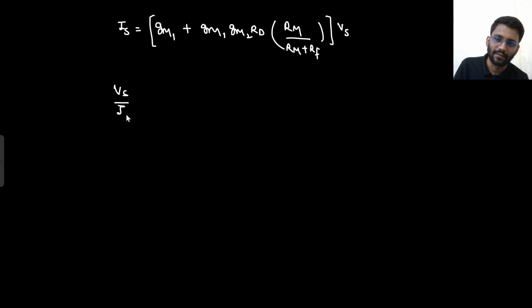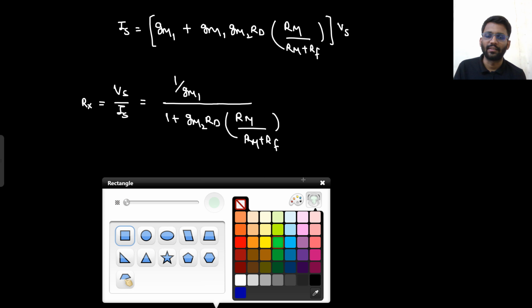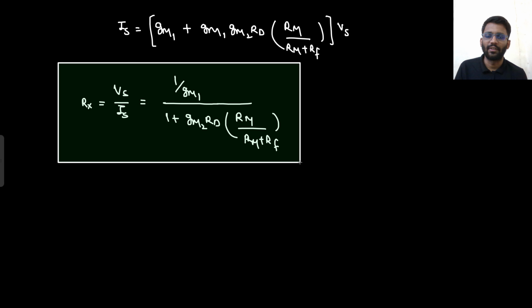Vs by Is would be 1 by Gm1 divided by 1 plus Gm2 Rd Rm upon Rm plus Rf. That's it. This is your Rx. Sorry, I said voltage, Rx is resistance.